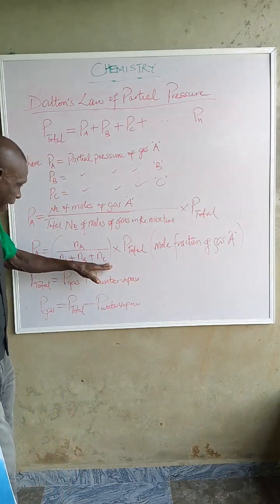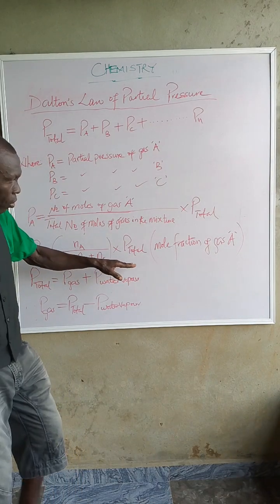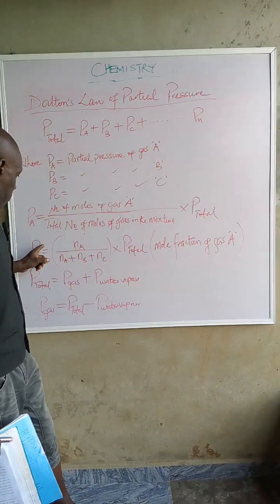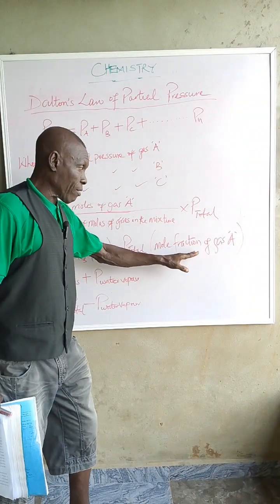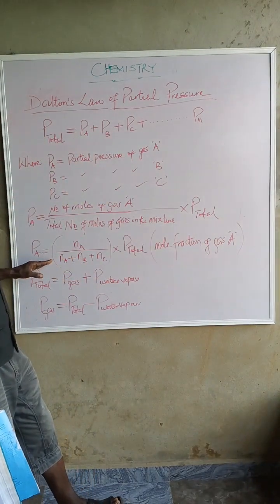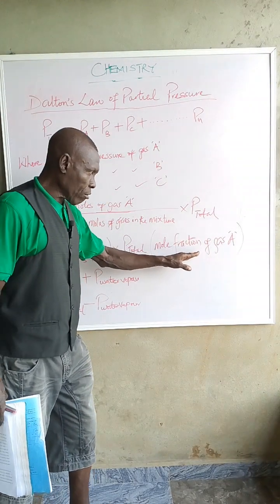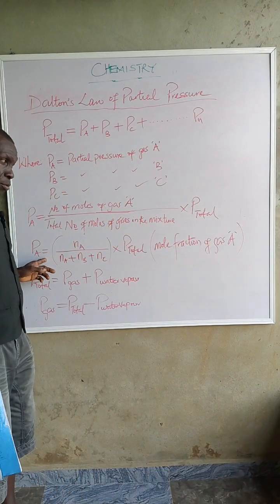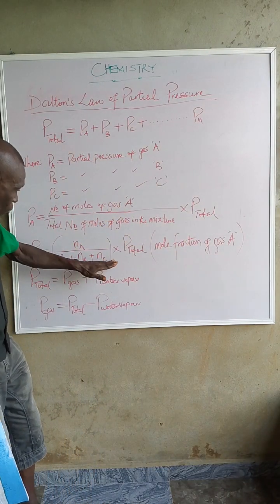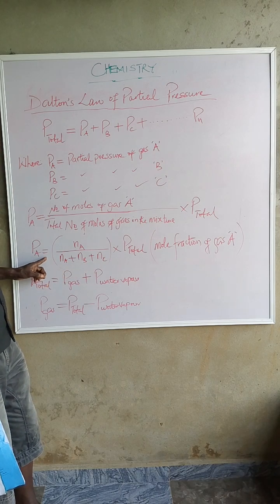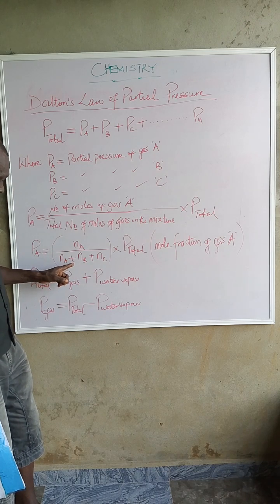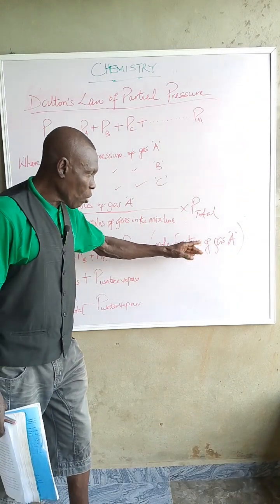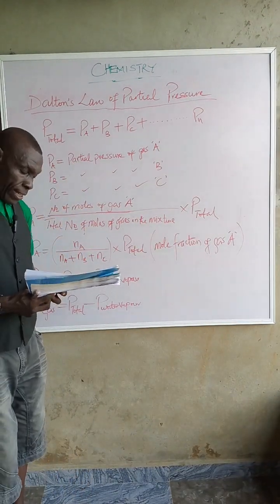This expression you are seeing is called the mole fraction of gas A. If it is B we are considering, it becomes the mole fraction of gas B. If it is C, it becomes the mole fraction of gas C. But we are using A as an example. So PA equals NA over NA plus NB plus NC, times total pressure, where NA over NA plus NB plus NC is the mole fraction of gas A.